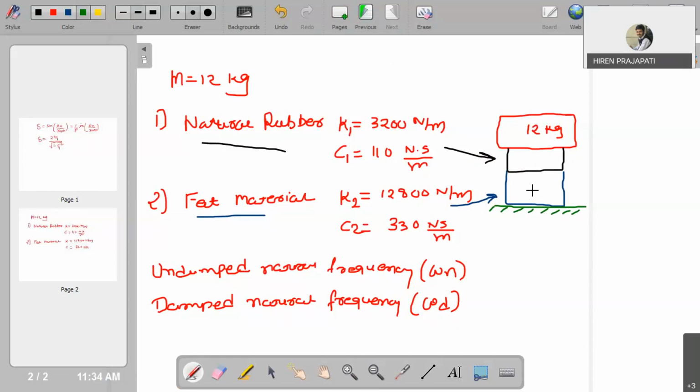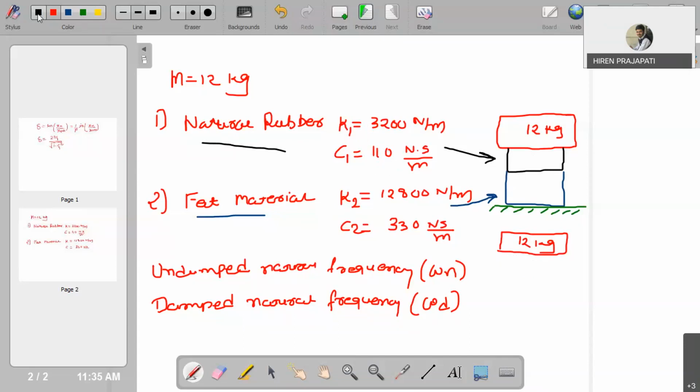Okay. So let us first draw a mathematical model. This mass is represented by the same rectangle of 12 kg, and these two materials have stiffness and damping properties. So we can indicate these by two springs and two dampers, and these two are in series connection, kept one over the other.